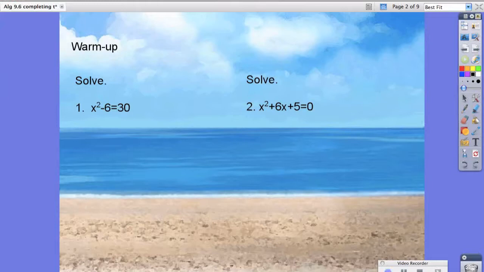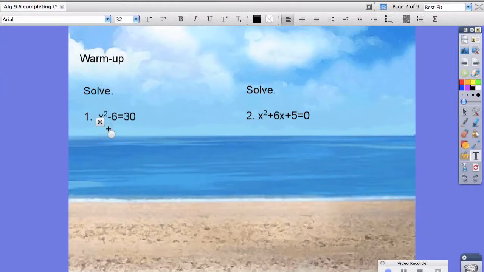Hopefully you've paused your screen and now you're just checking your answers. For number 1, because we only have one variable, the x squared, we're going to isolate it by adding 6 to both sides of the equal sign. Then we rewrite what we have, which is x squared equals 36. Then we're going to square root both sides.